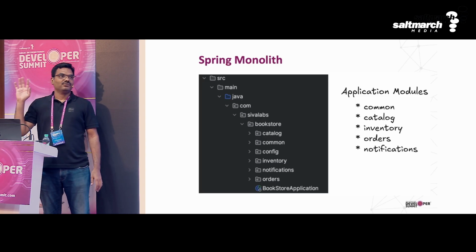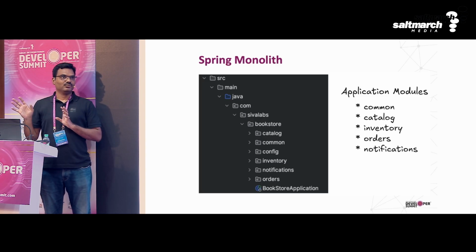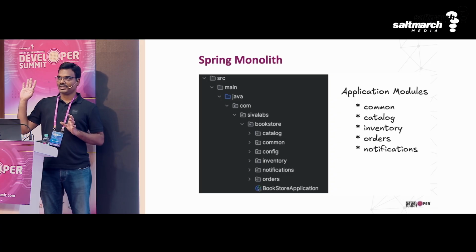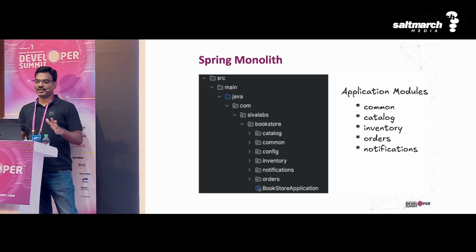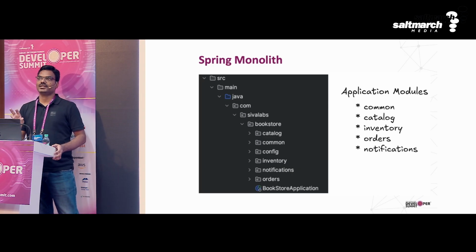I hope most of you are familiar with Java and the Spring Boot framework. Can I assume that? Okay, so let's say we are building a bookstore application, and this is how my typical code base looks. I'm following a package-by-feature structure. There is usually package by layer and package by feature.